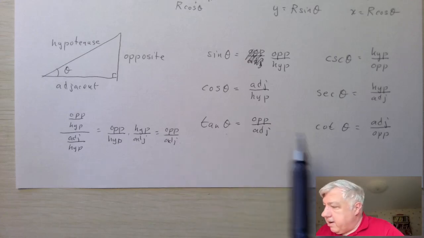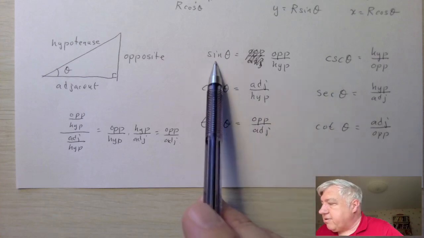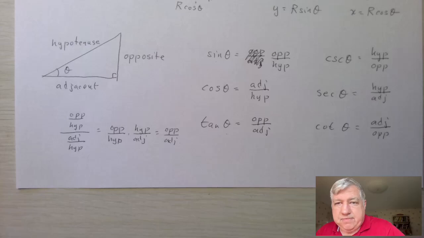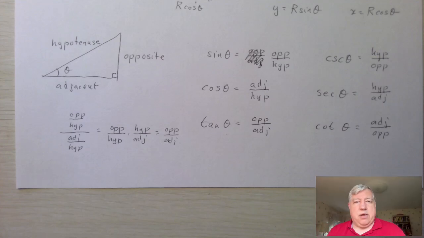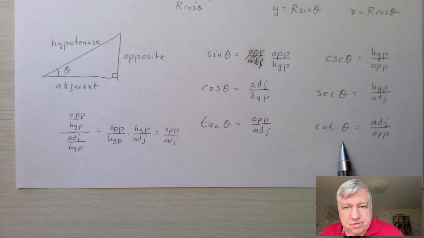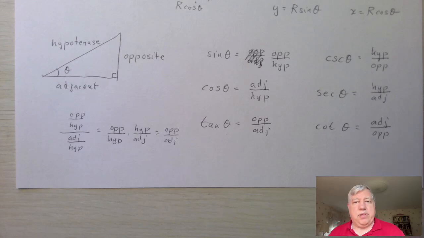And then the cosecant is just the reciprocal of the sine, so we can just take the reciprocal of this, and we get the cosecant of theta is the hypotenuse divided by the opposite. And the secant is the reciprocal of cosine, so it's the hypotenuse over the adjacent, and the cotangent is the reciprocal of the tangent, so this is going to be the adjacent over the opposite.